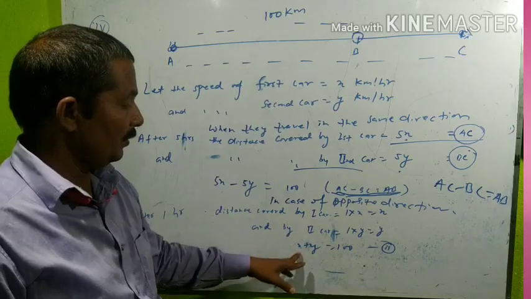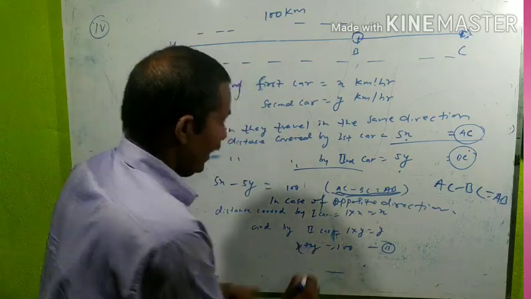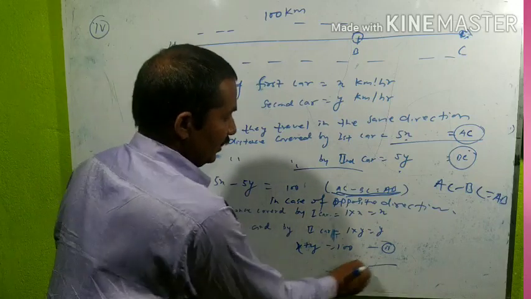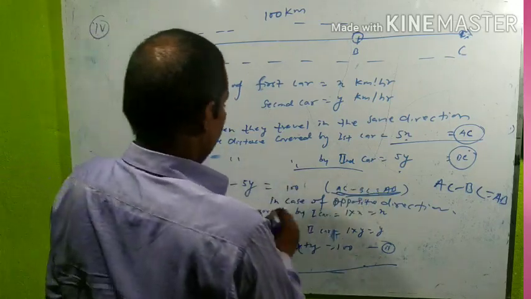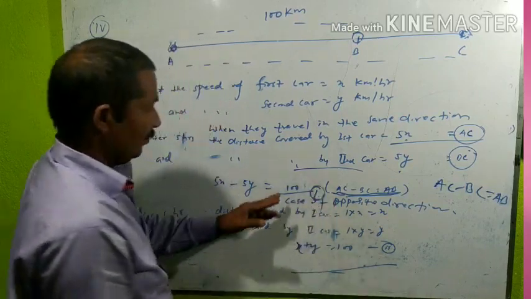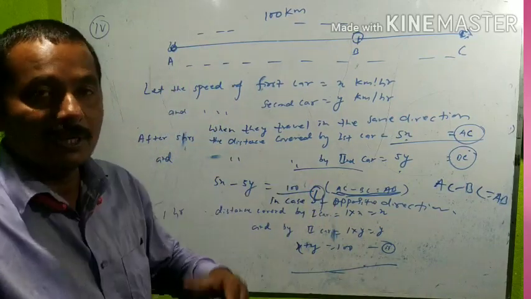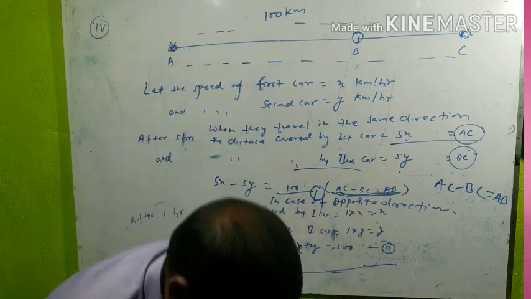So the second equation will be x plus y is equal to 100. This is the second equation, and this is the first equation, and you will solve both equations. You will get the values of x and y.